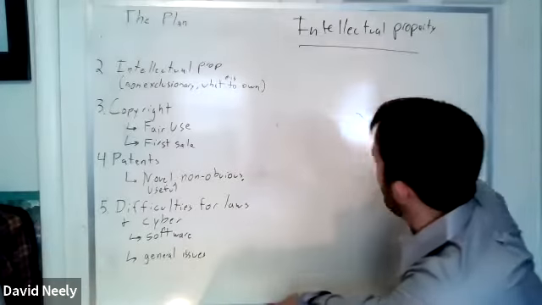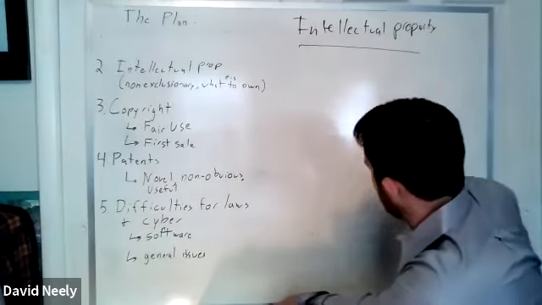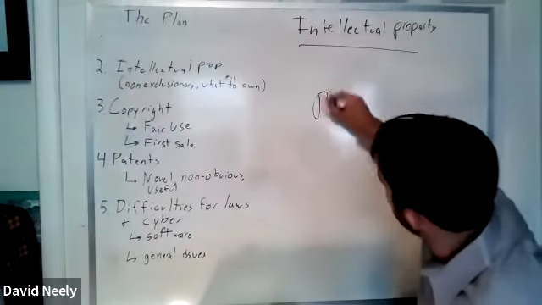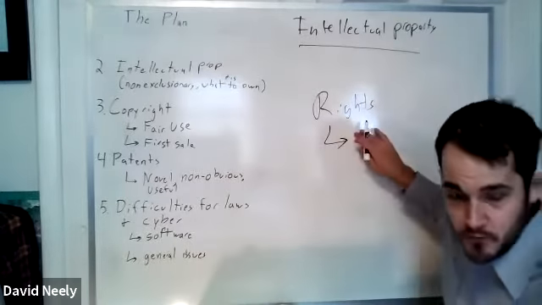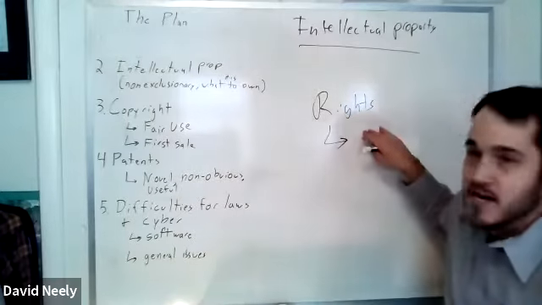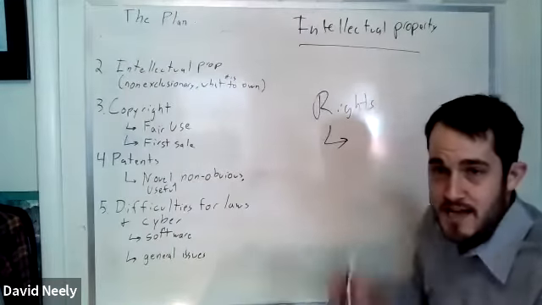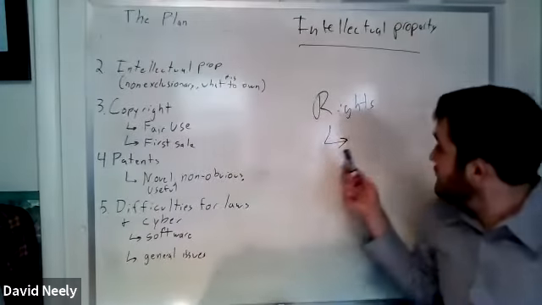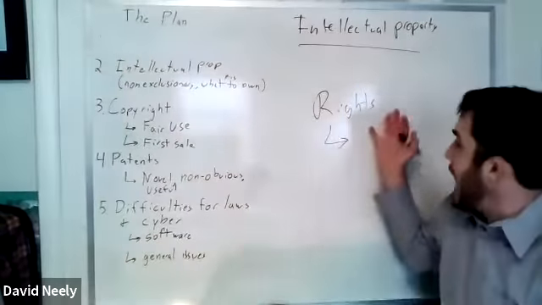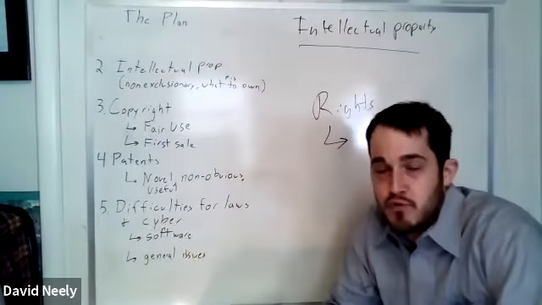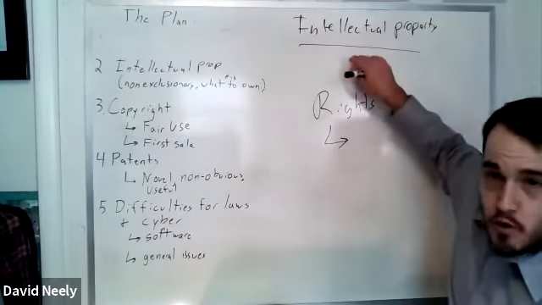So what it means to own a piece of intellectual property is that you own the rights to it, which means you're the only one who's authorized to create copies of it. You're the only one who's authorized to sell it. If anyone else wants to buy or sell a copy of that thing that hasn't been bought or sold before, they have to get your permission.